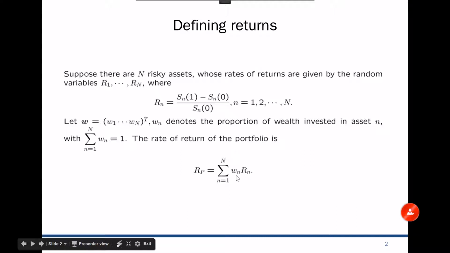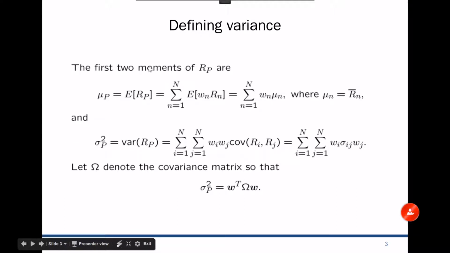So 1 plus RP is your next day wealth. And if you put expectation over here, it is your expected net return. Because expectation can go inside of the summation, the expected return of your portfolio is simply the weighted average of the expected returns of individual assets. Here mu n is simply the expected value of an individual asset.